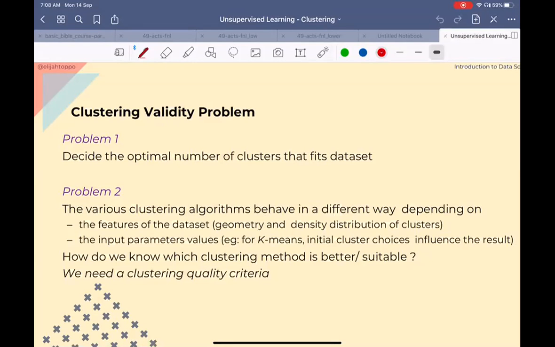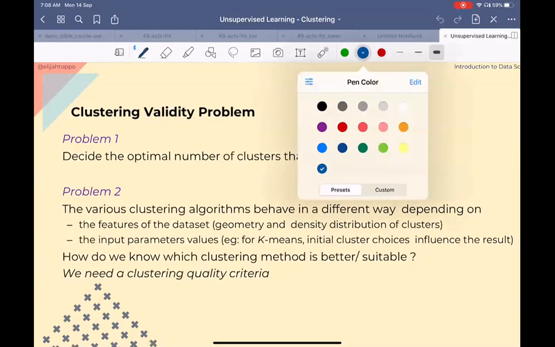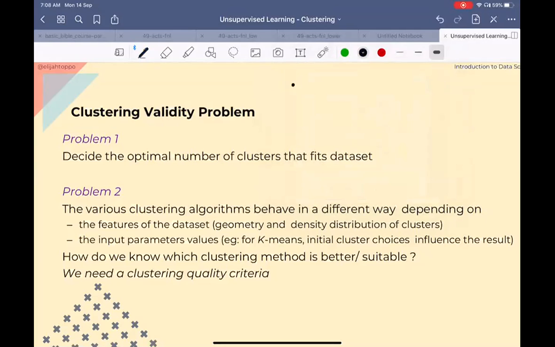If I say that this is our data, and we form clusters like this, do you think this is a good cluster?